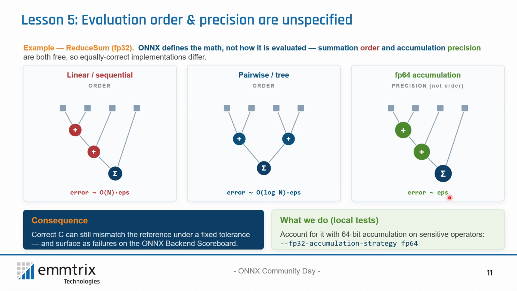Or you can use 64-bit floating point for accumulation, a wider data type. That gives you the best result. But the consequence is that it is not defined what is correct. Only the ONNX test cases are typically using NumPy, and they are using this 64-bit accumulation.